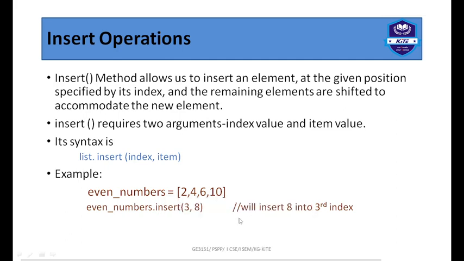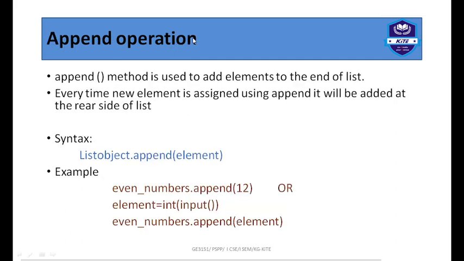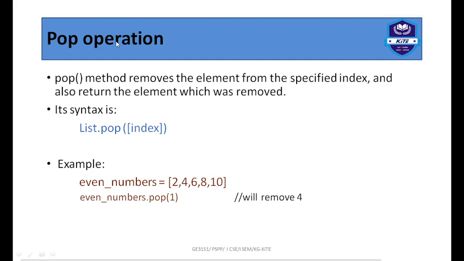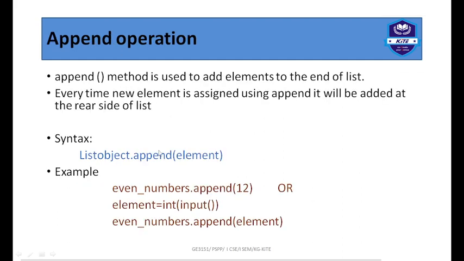Let's move to the next operation, that is the append operation. Using the insert operation, you inserted the element at whatever index you wished. If you just want to insert only at the rear end, you can use the append method.